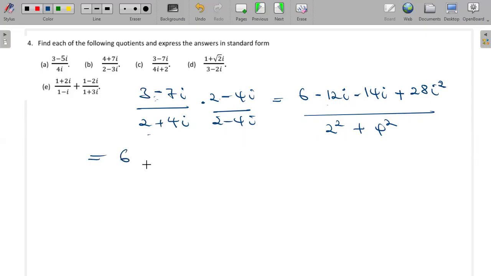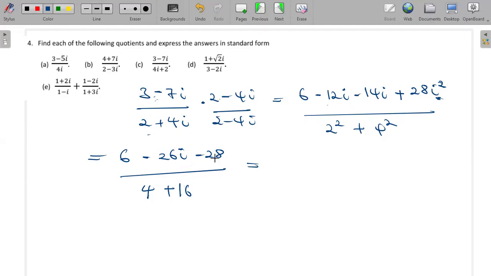Then you have 6. Add the 2 there, you get negative 26i. Then this is i squared, but i squared is negative 1. So multiplying by the 28, that becomes negative 28. Then down there, you have 4 plus 16, 4 squared is 16, which is 20.